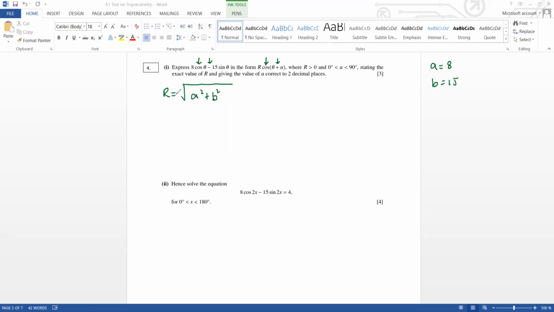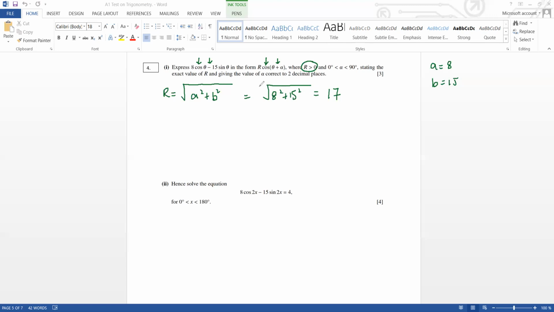Remember, we do have a plus minus with this, but since R is given as positive, you will keep its positive value. So this is 8 square plus 15 square, which gives us exactly 17.